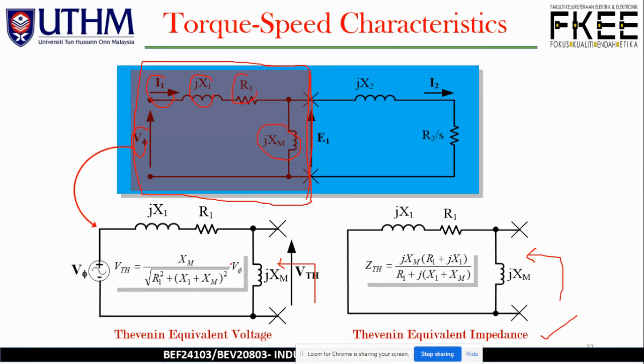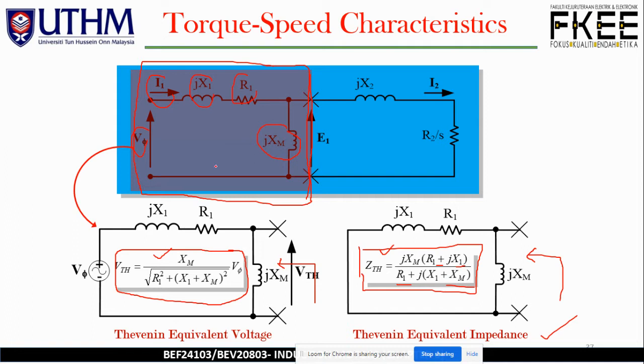So now this is the final equation of the Thevenin voltage. We have XM over square root R1 squared plus (X1 plus XM) squared. And then we have the Thevenin impedance over here, jXM in bracket R1 plus jX1, over R1 plus j(X1 plus XM). So now, some of the derivation on how to obtain this relationship and this formula.